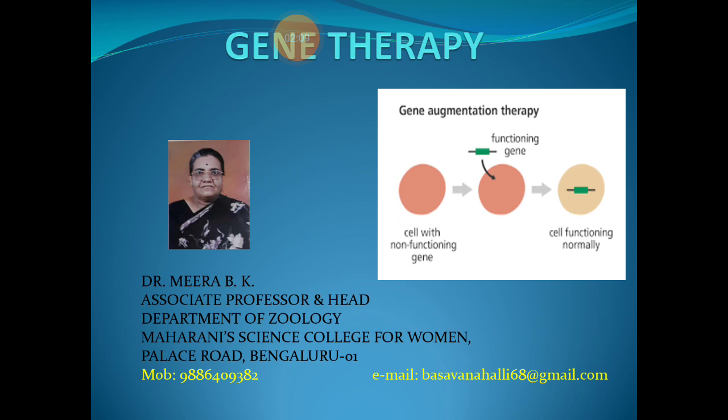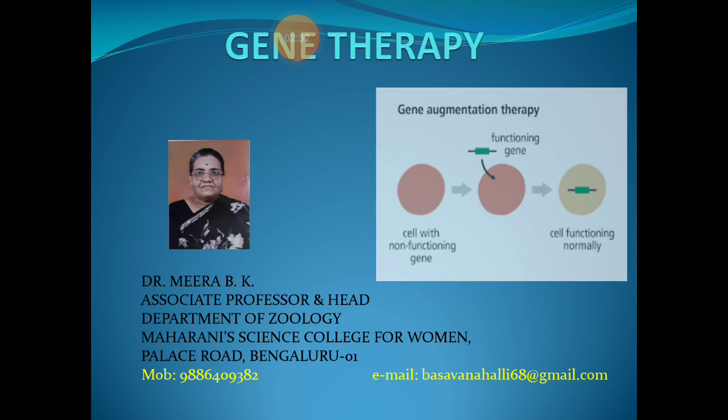And the bad gene can be corrected by replacing it with a functioning gene or good gene, which will be able to produce the functional protein. And once this gene therapy is done, the cell will start functioning normally. This is exactly what gene therapy is.